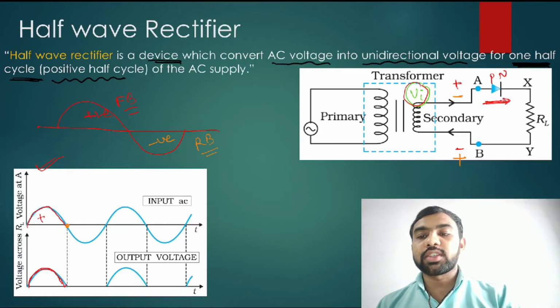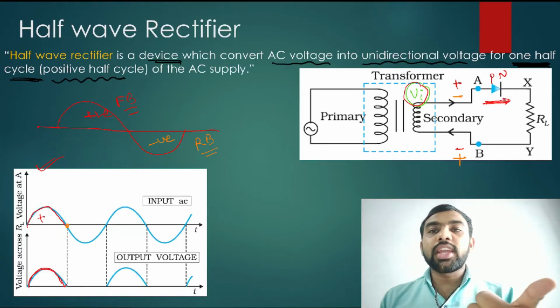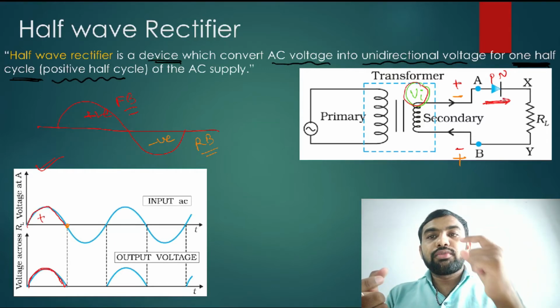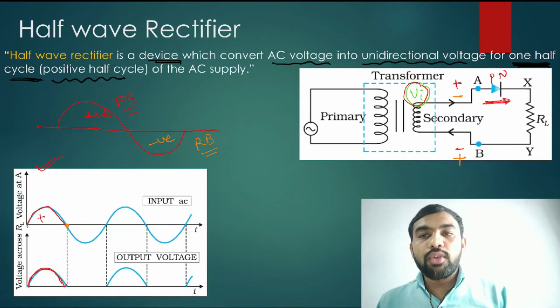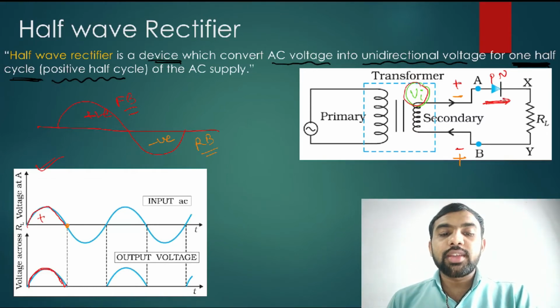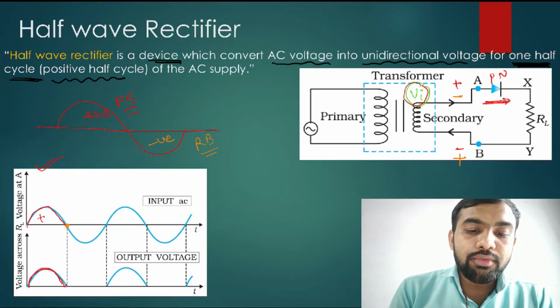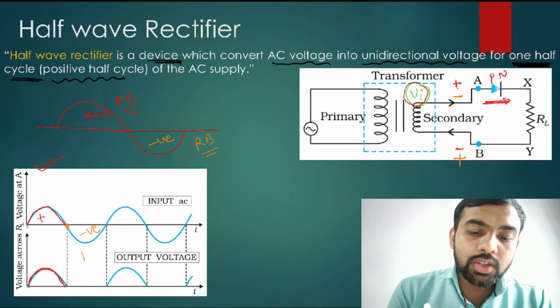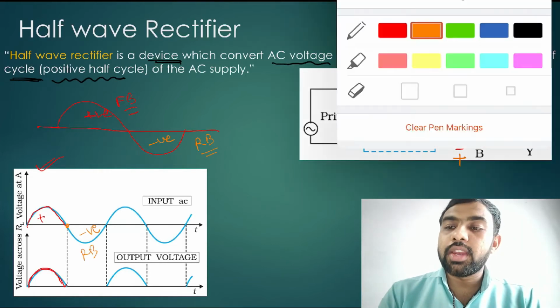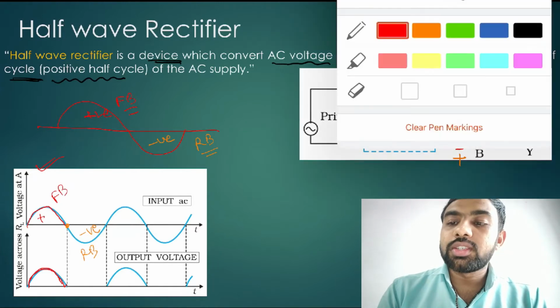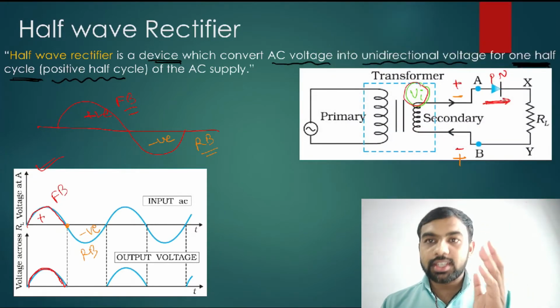Why? P is connected to negative. If P is connected to negative, it is in reverse bias condition. If P is connected to positive, it is in forward bias condition, as we discussed in our theory session. So when the negative cycle is used, the diode is in reverse bias, but when you consider the positive cycle, the diode is in forward bias. So just tell me, when the diode is in reverse bias, does current flow through it?